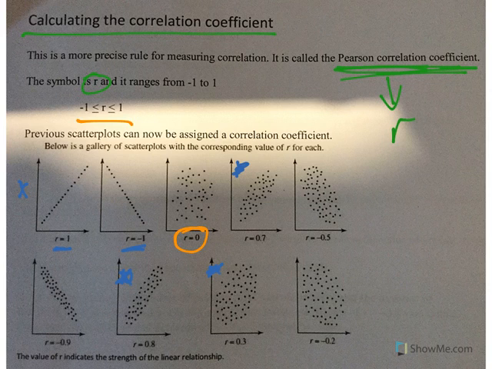As we move through those, the dots get more spread out. It's the same with the negatives, but the line that you would put through the negative ones goes in the negative direction. So the closer to the line they are, the closer to 1.